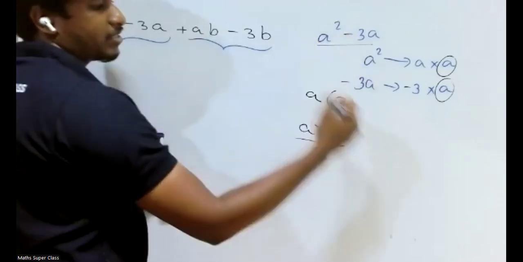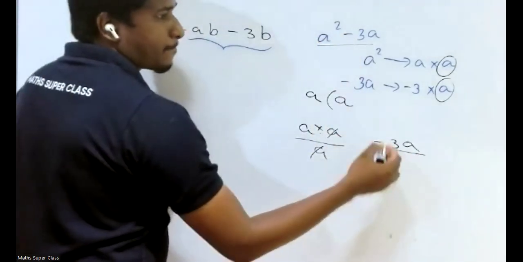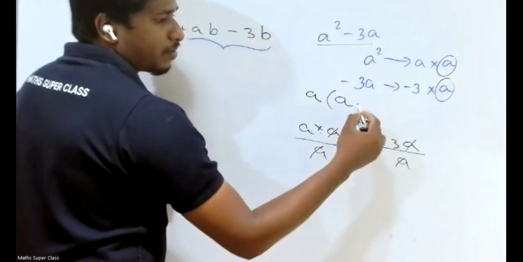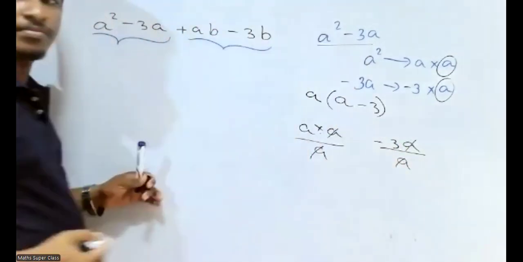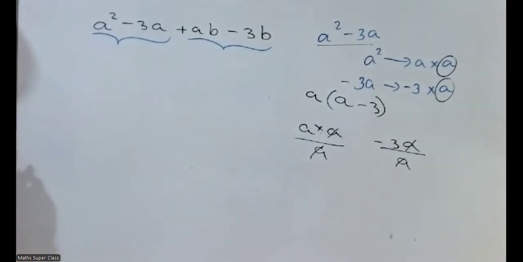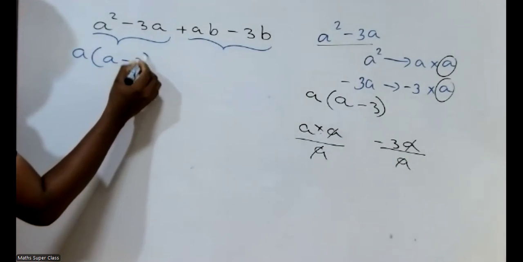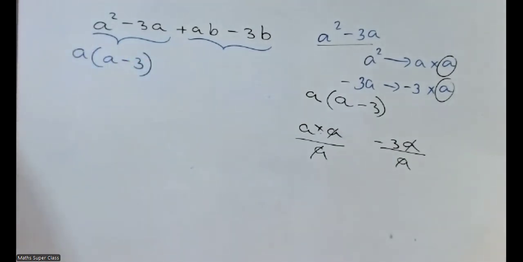Okay. Minus 3a divided by a is minus 3. Now you can write it here: a minus 3. Got it? If you all got it, then raise your hands.